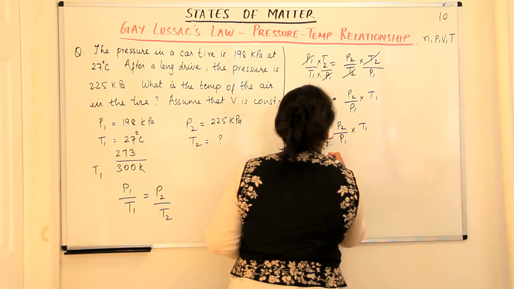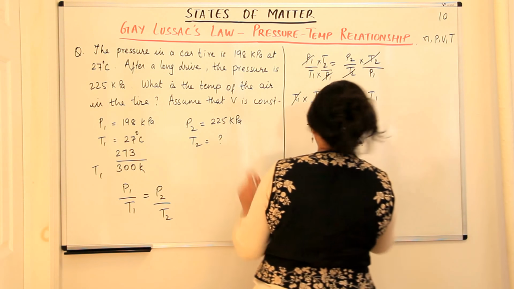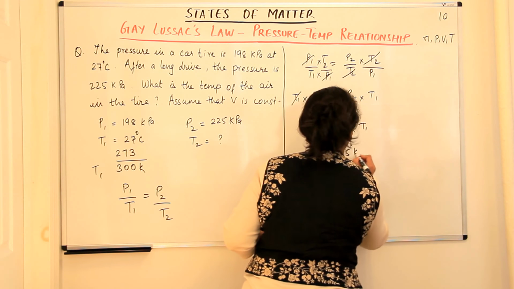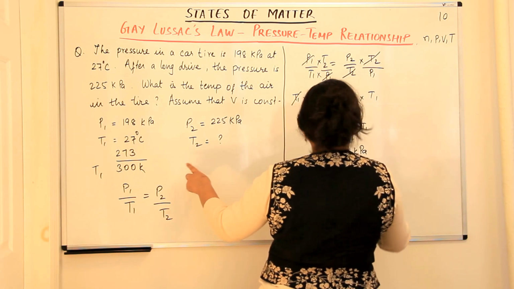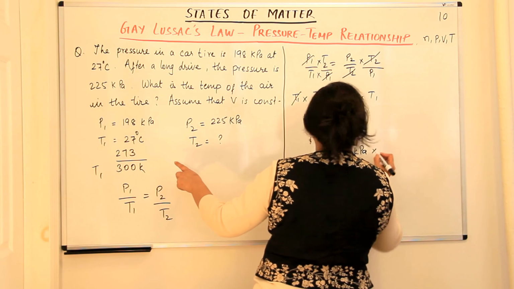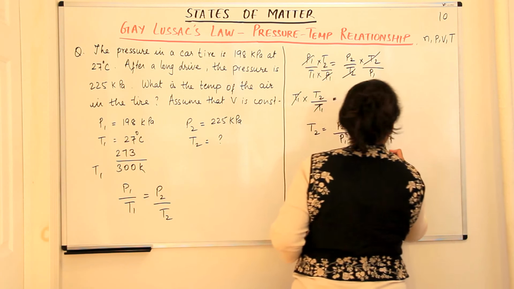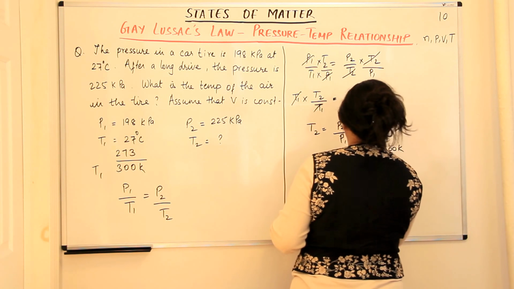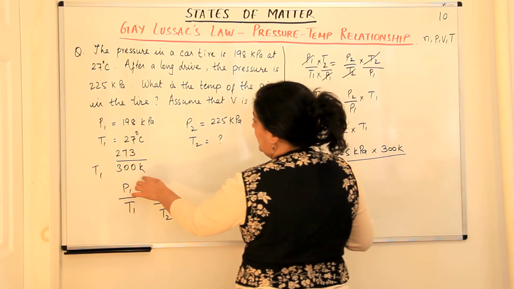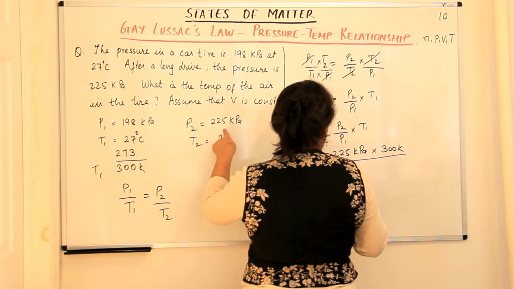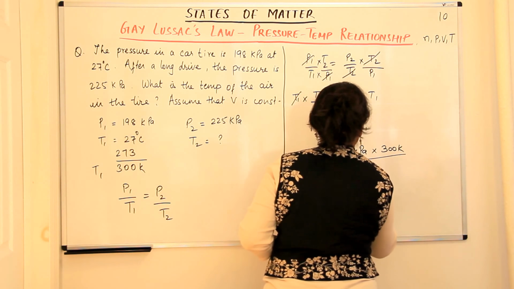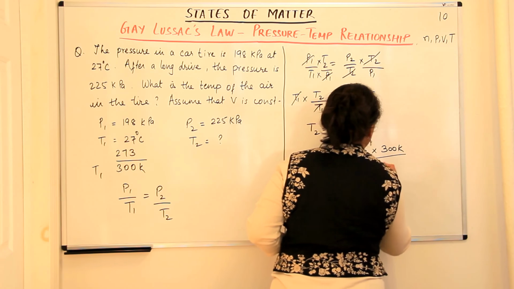We'll get T2 would be equal to, P2 is 225 kilopascals into T1 is 300 Kelvin upon P1, which is 198 kilopascals.